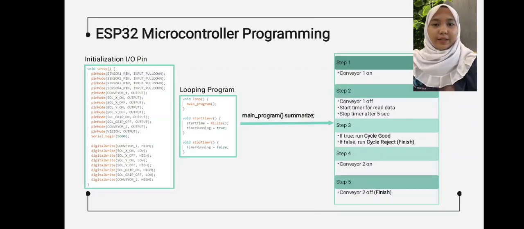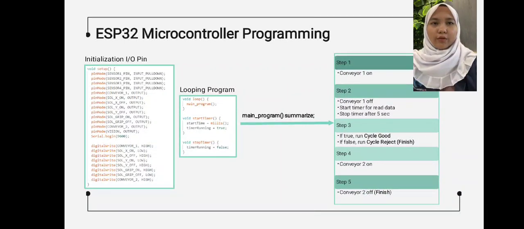Next, I will explain about the ESP32 microcontroller programming. This is the initialization of the input and output pins. We make the inputs with input pull down, and then there is the looping program. In the main program summary, we can see in the PowerPoint there are 5 steps. Step 1, conveyor 1 on.